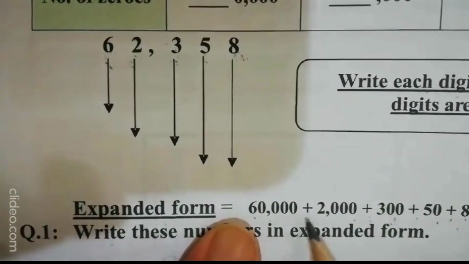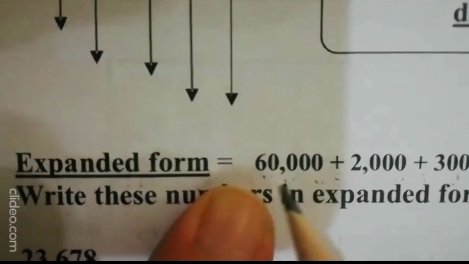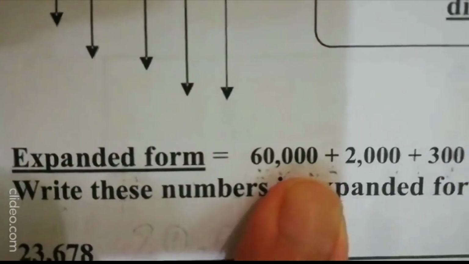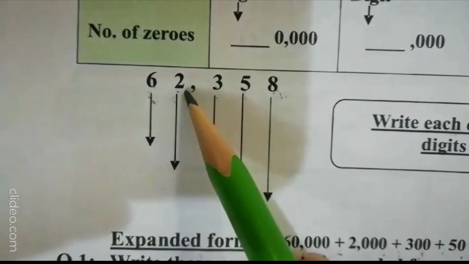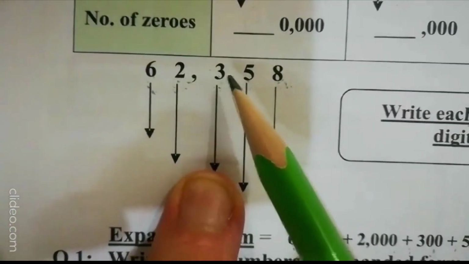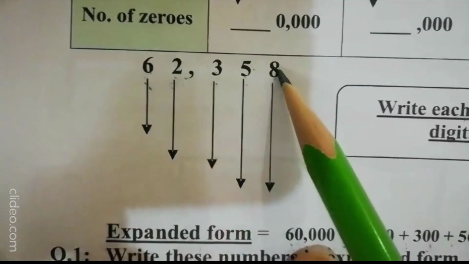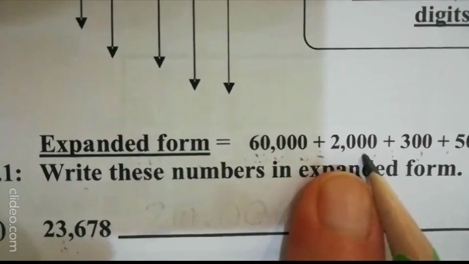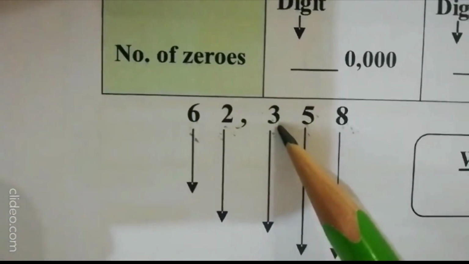So you will put 4 zeros with 6. It is 60,000 now. Plus the next digit is 2. Now count the digits. 1, 2, 3. You will put 3 zeros with 2. It becomes 2,000.